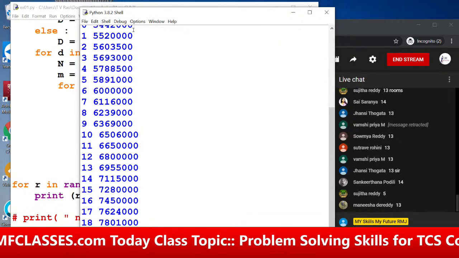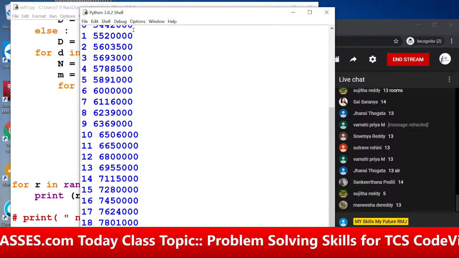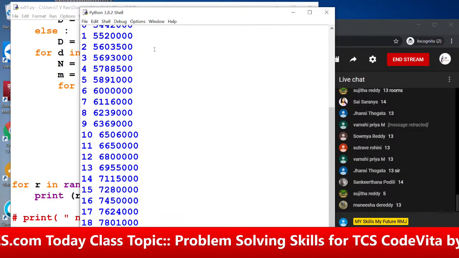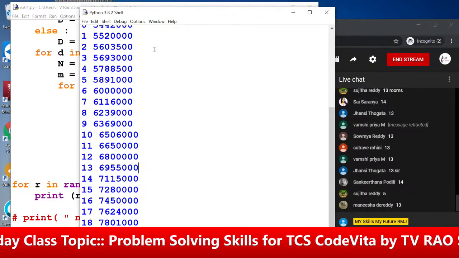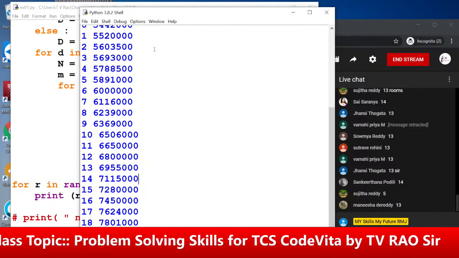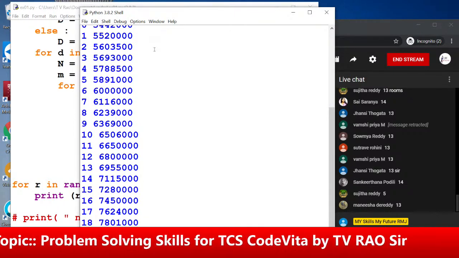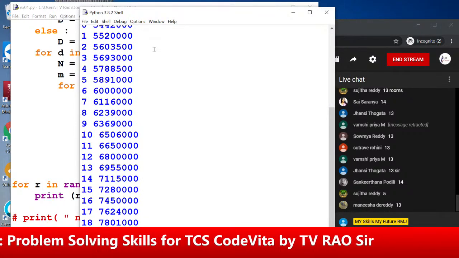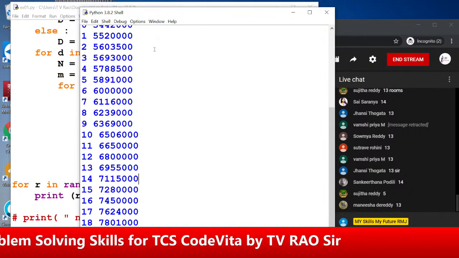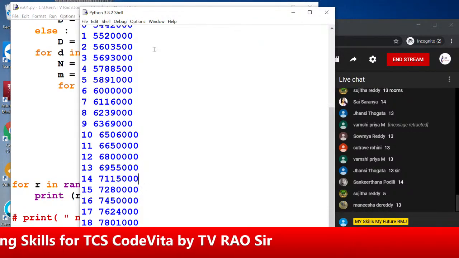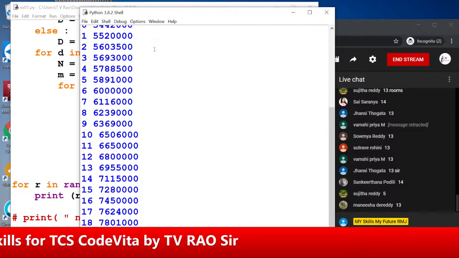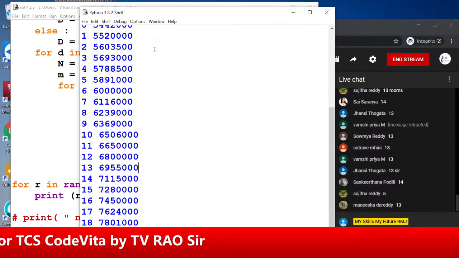Revenue with 0 rooms, 1 room, 2 rooms, 3 rooms, 4 rooms, 5, 6, 7, 8, 9. With 30 rooms, this is the revenue. With 40 rooms, this is the revenue. So what are the minimum number of rooms required? I want at least 70 lakhs. With 13, I am getting less than that. So how many rooms are required?